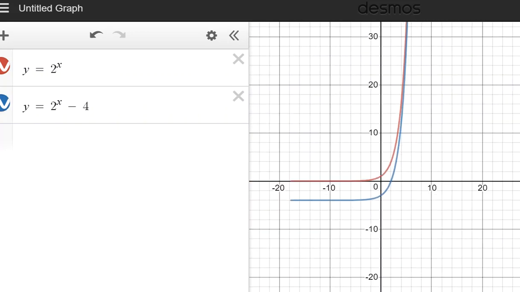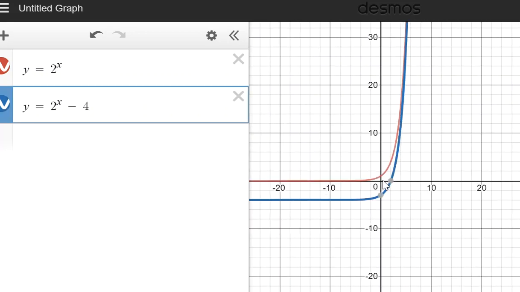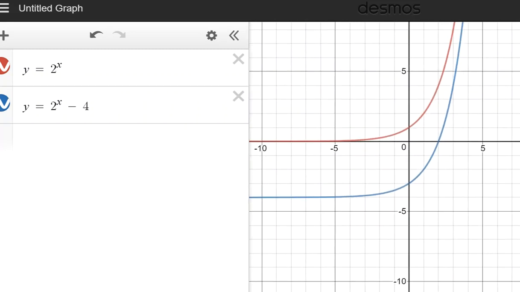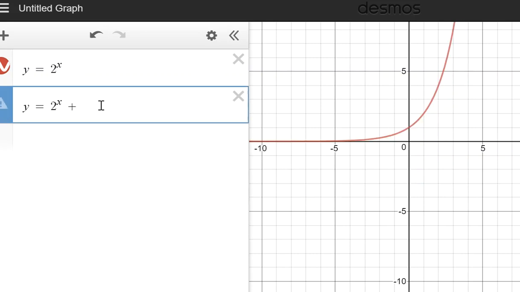Basically, that whole graph just shifted down 4 units. And you can see that anchor point, which is at 1, went down 1, 2, 3, 4. So instead of being at 0, 1, it is now at 0, -3. And if I were to change this, I'd add 2. You can see that it went up 1, 2.